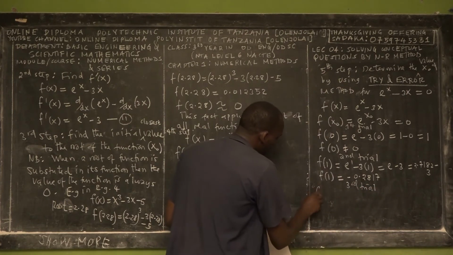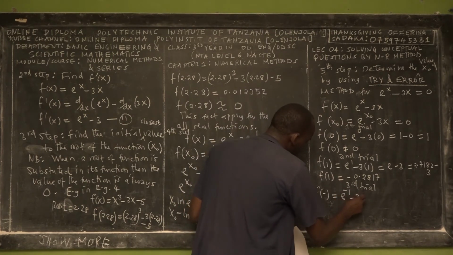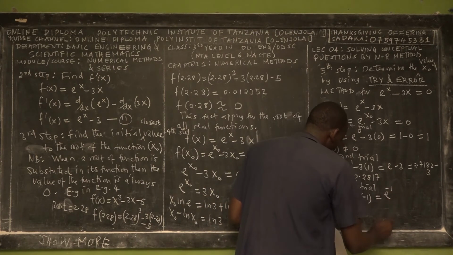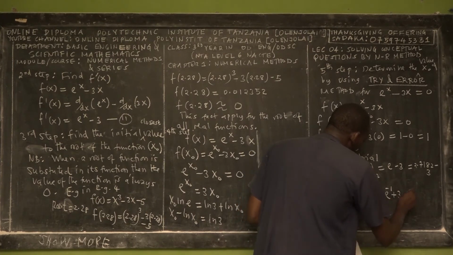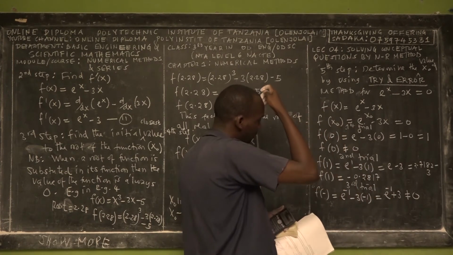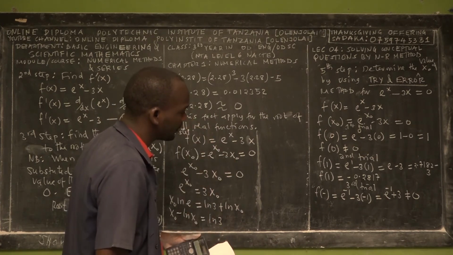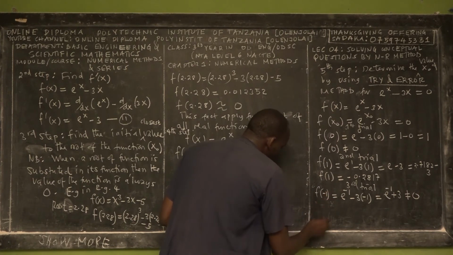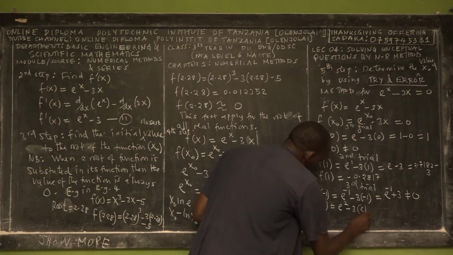The third trial, let us look at the value of f of negative 1. So this will be e power negative 1 minus 3 times negative 1. So this will make e power negative 1, then plus 3. So this actually will not be equal to 0 because e power negative 1 means 1 over e. So the answer will be greater than positive 3. So this has just failed. So negative 1, okay? So we go for f of 2. f of 2 is e power 2 minus 3 times 2.